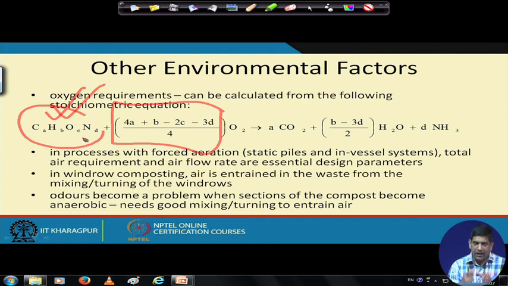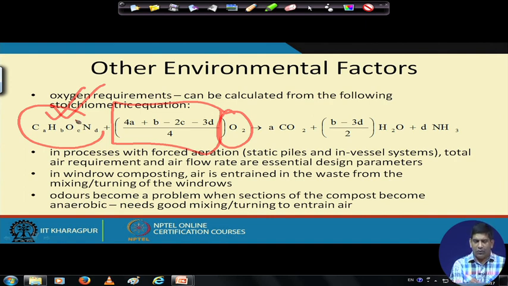It's an ideal scenario, a 100% reaction conversion, which normally doesn't happen, but for our calculation purposes we can use it, because we can always use a factor of safety here anyway. Once we get this oxygen, we'll apply a factor of safety. So this is an additional factor of safety you can think about.